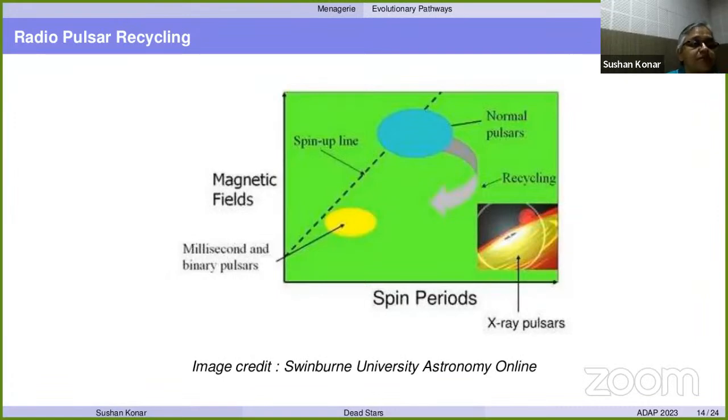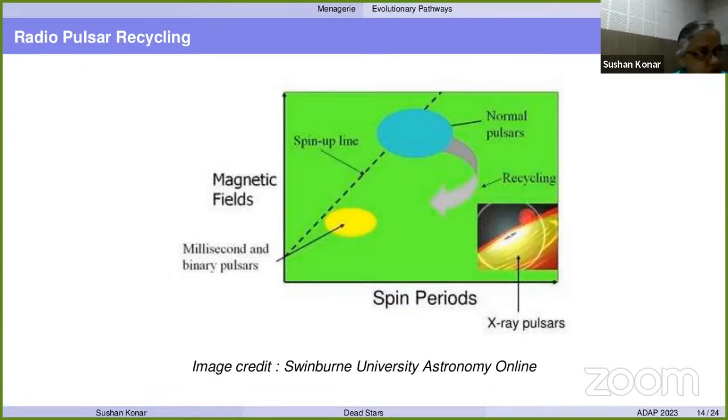And what happens is, because of the nature of accretion and the interior of the neutron star, the magnetic field saturates at a point. It does not go on decaying indefinitely. So it would saturate at some value, depending on the model parameters and of course the rate of accretion and various other things.